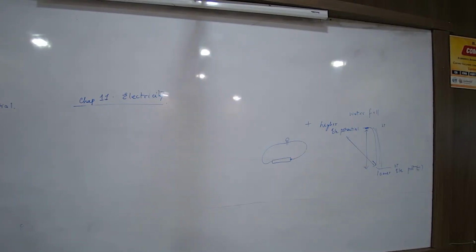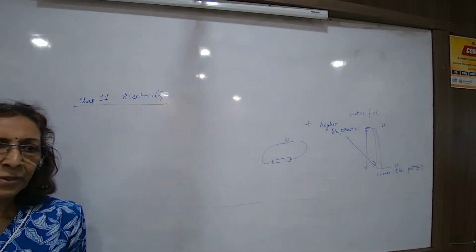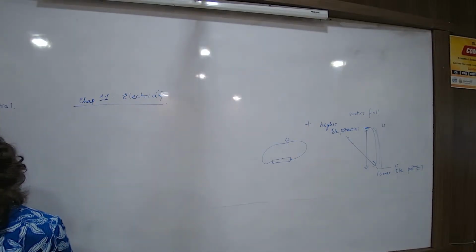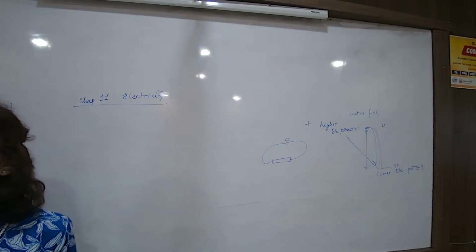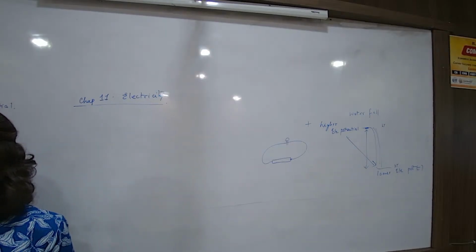What will be the symbol for graphite? What is the substance? It's nothing but carbon. What is carbon?